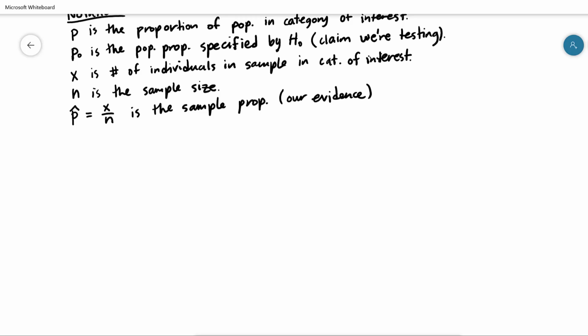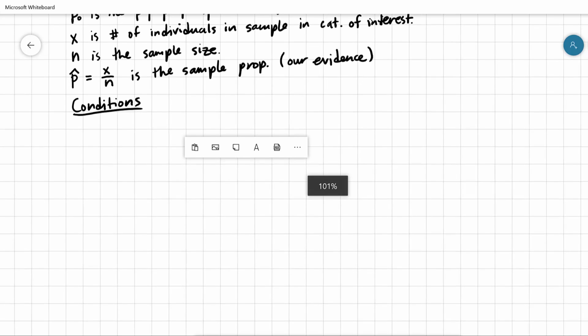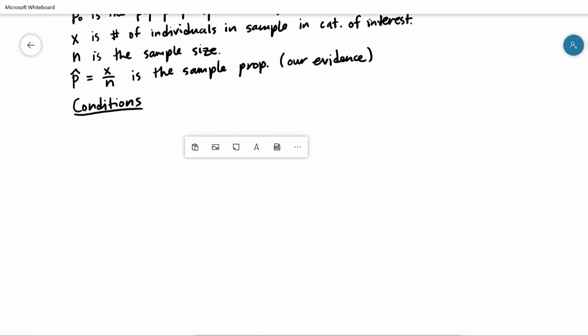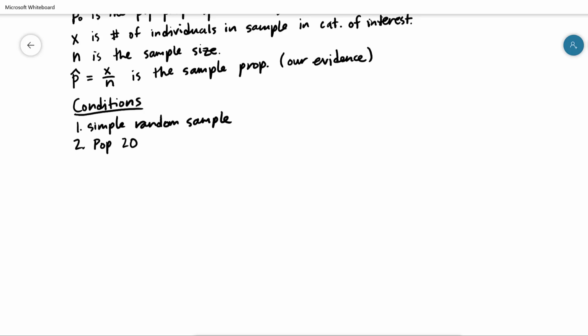But I just want to remind you that this requires a few conditions be met. It's the same conditions that we had back in chapter 8 when we were doing confidence intervals. We need a simple random sample. We need the population to be at least 20 times larger than the sample.